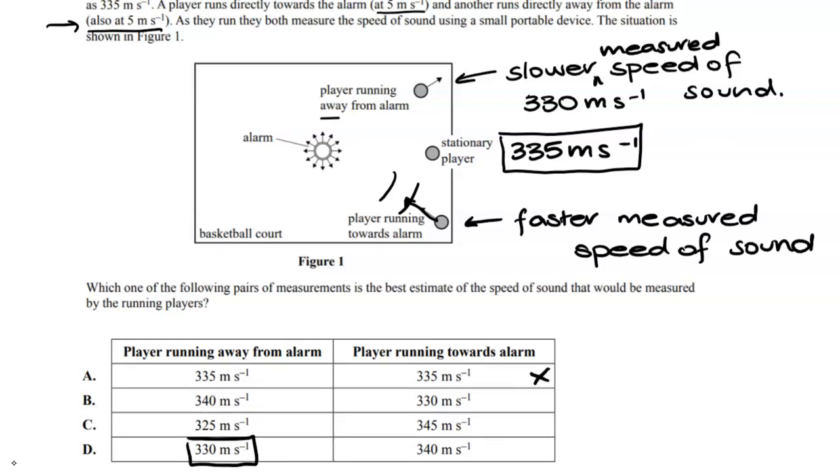I think I mixed up my slow and fast. The person running towards the sound is going to measure a speed of sound to be 340 meters per second. Does that agree? Oh, good. So we've definitely checked. We could have answered D here just based on our understanding of the first one, but we double checked it, checking the person traveling towards the sound as well.